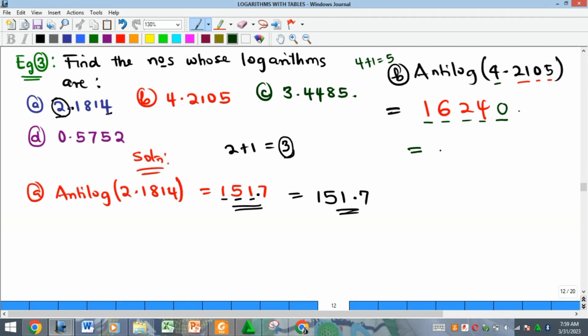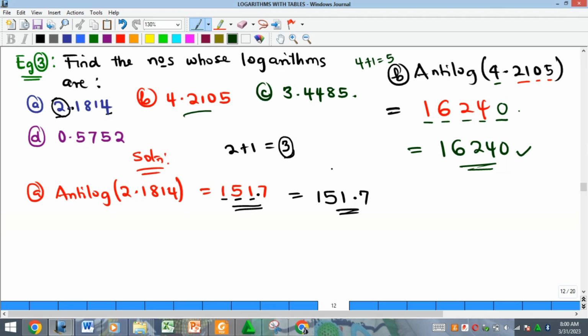It then means that our anti-log is equal to 16240. So the meaning is that the number whose logarithm was taken to get this is 16,240. And you can decide to look for the log of this and see if you will get back this. Of course, definitely you will.